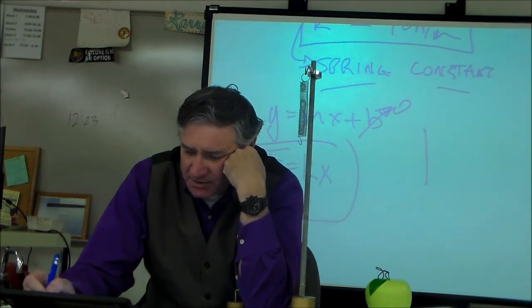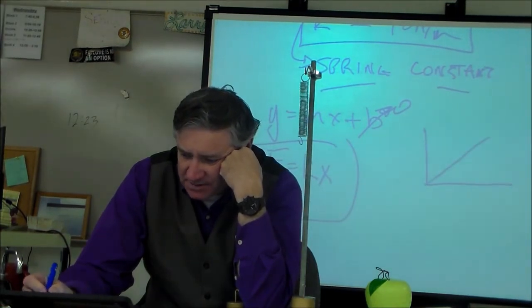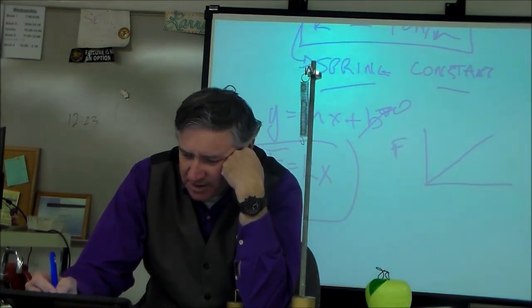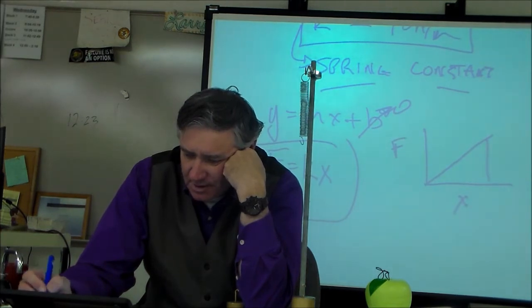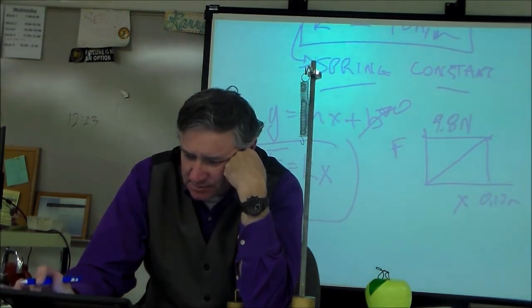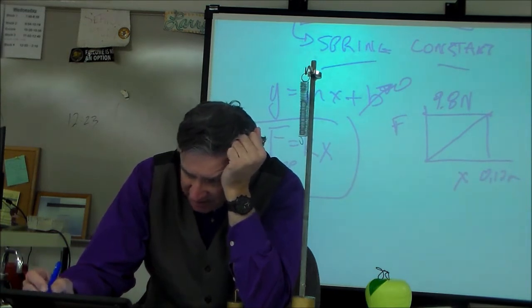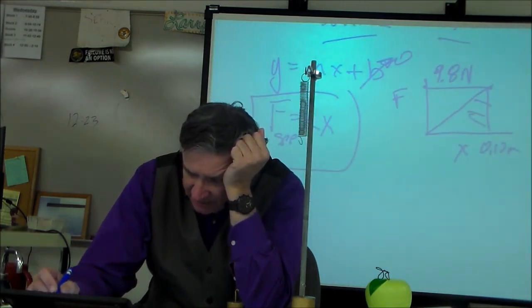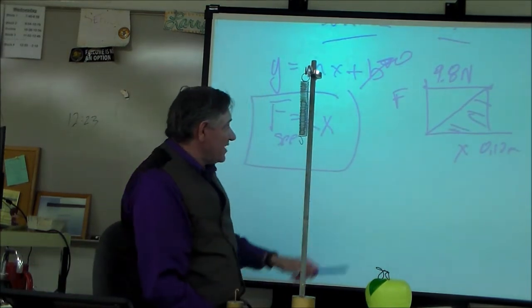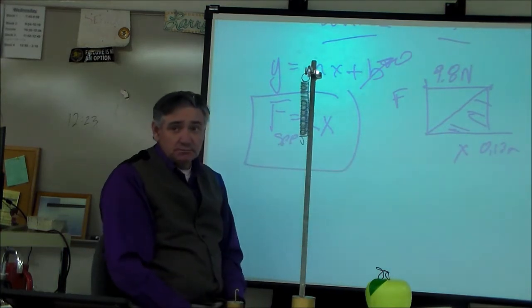So if you go and try and find the area of this, right? We have force and we had elongation. And that was 0.10 meters. And that was 9.8 newtons. Okay? So Kels, do I have enough information to find that area?